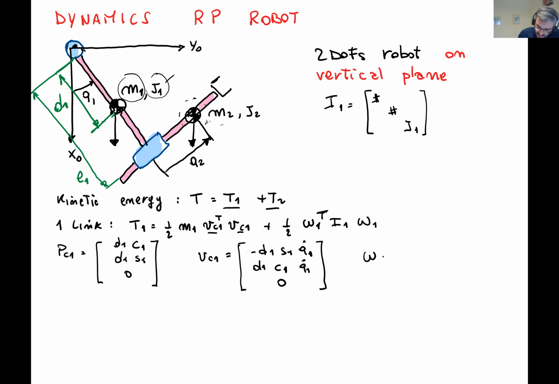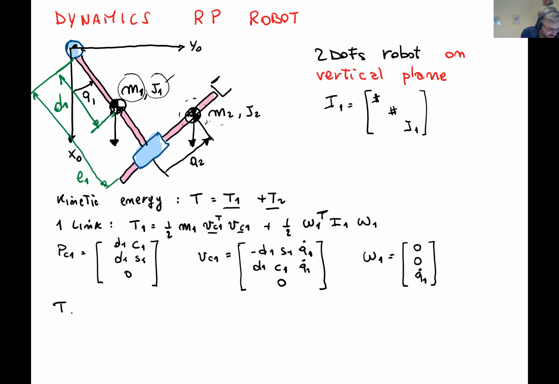And what is omega 1? The angular velocity, in this case, the rotation is only around the z-axis, so we expect an angular velocity of magnitude q1 dot around the z-axis due to joint 1, which is a rotational joint.